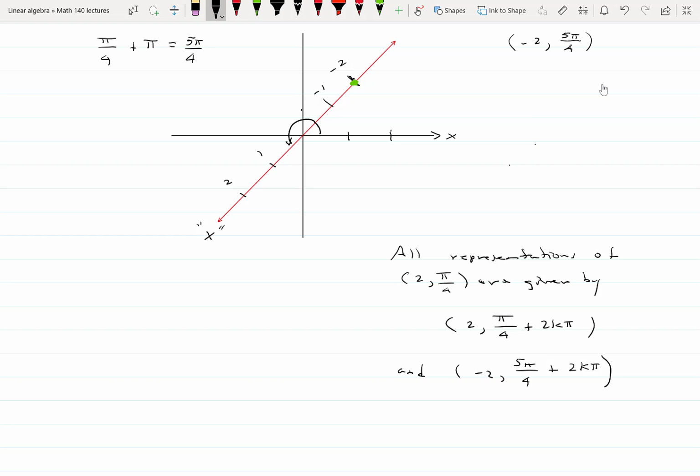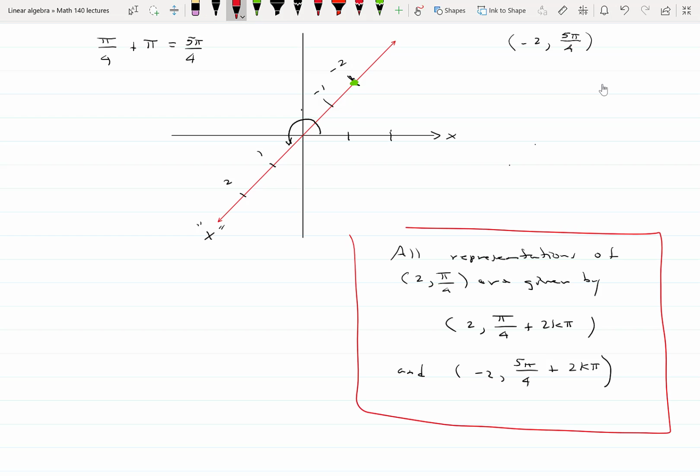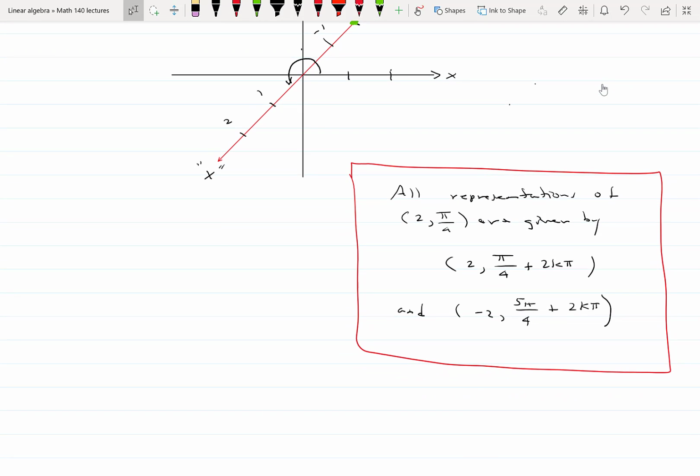So all representations of that single point are either represented by 2 and then pi over 4 plus 2k pi in polar form, or for negative r values, negative 2 and 5 pi over 4 plus 2k pi. The same point has infinitely many representations.